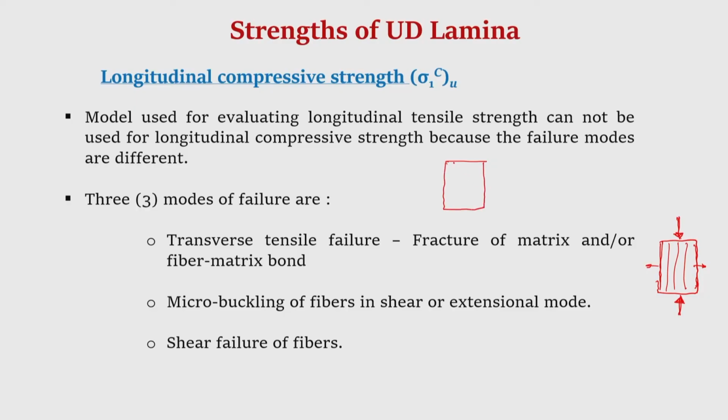Then there is micro buckling of the fibers. Suppose we have a composite where there are fibers and it is subjected to a compression load, there may be localized micro buckling of the fibers. I am just exaggerating, maybe at this point the fibers may buckle like this, even though there is no gross buckling of the laminate or the lamina.